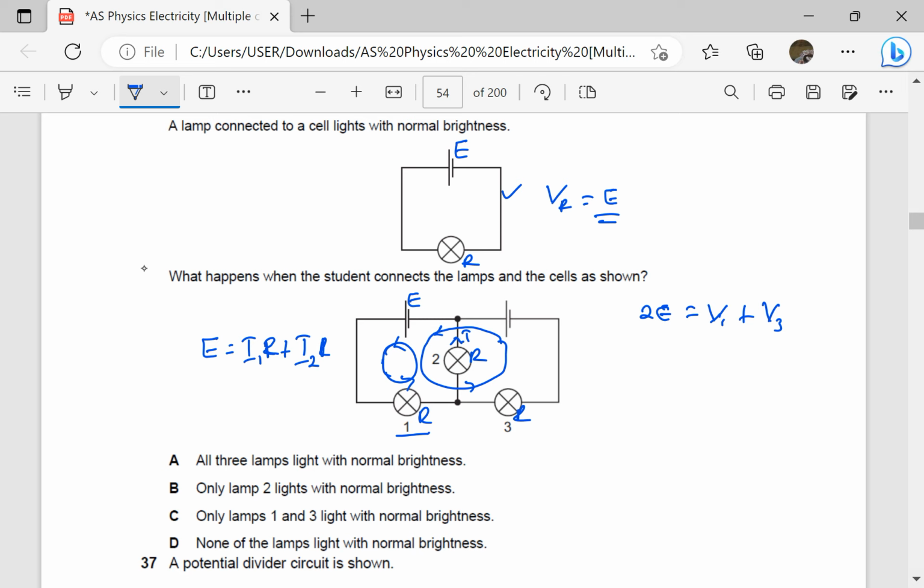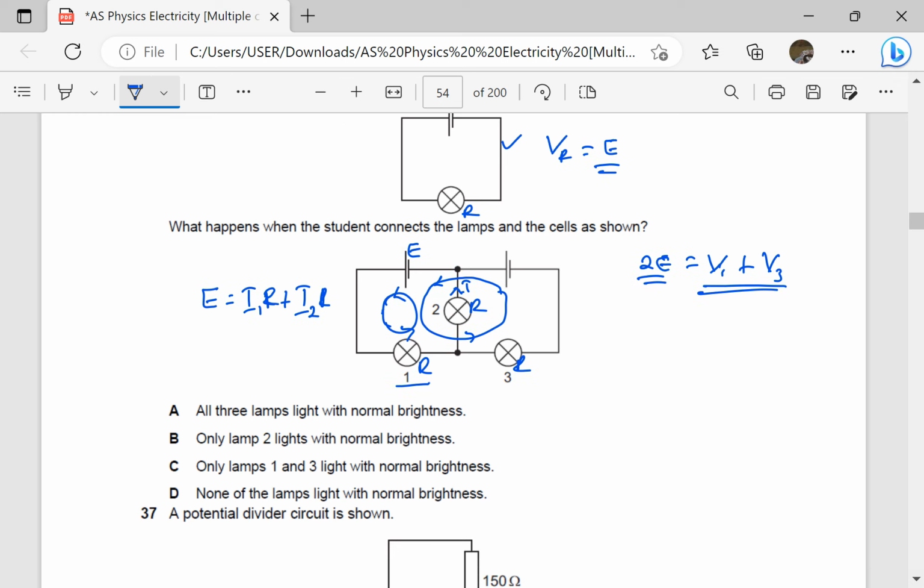So it means the sum of the PD across 1 and 3 is twice the EMF.